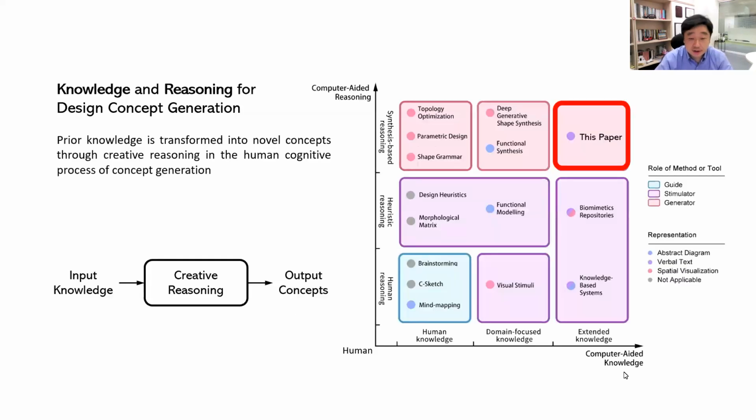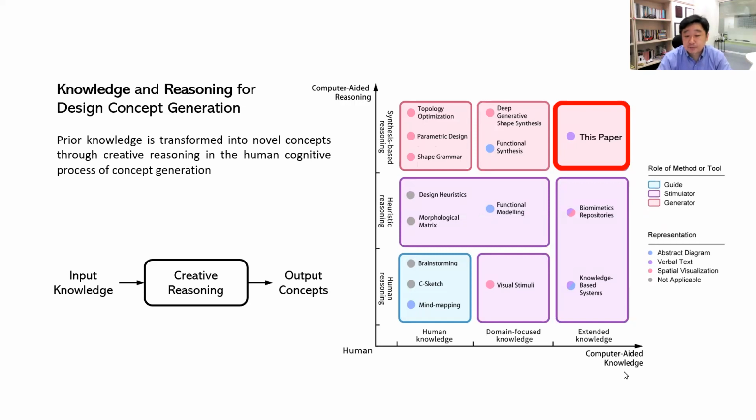When it comes to design concept generation and designing AI to do that, we first started with design creativity theory on how human designers generate design concepts. Actually, when we generate new ideas, we're not creating anything from scratch. We're just transforming our prior knowledge into new ideas and concepts through creative reasoning based on different types of logics.